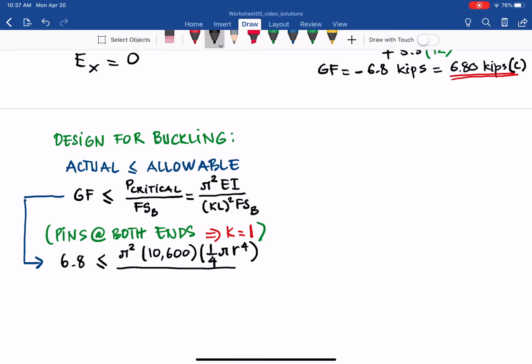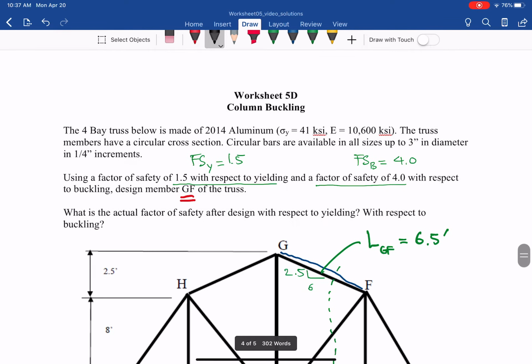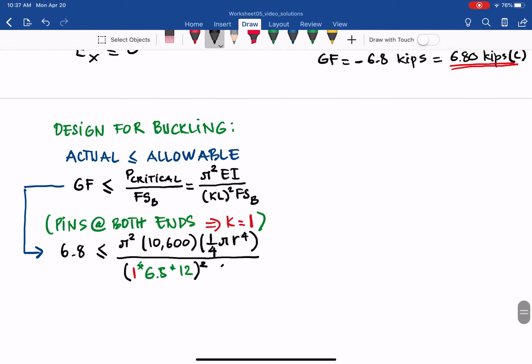We divide by KL, so we have K as 1 times 6.5, that is the length of GF, and then we times 12 to convert the unit to inches, and then square, and then the factor of safety due to buckling. The problem gives us 4 for buckling and 1.5 for yielding, so you plug in here times 4.